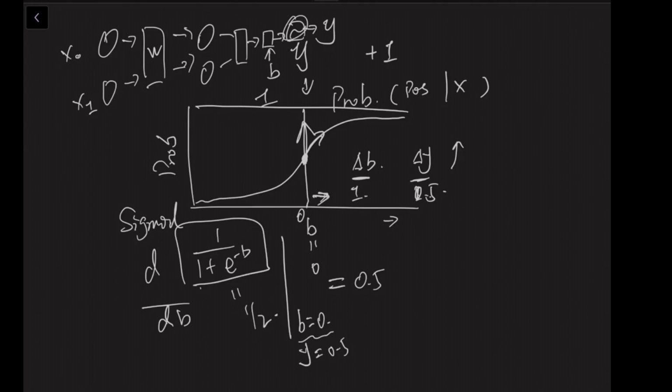Well, now we have arrived at this point. We know that if we change b by 1 unit, the final output will change in the same direction by half a unit.